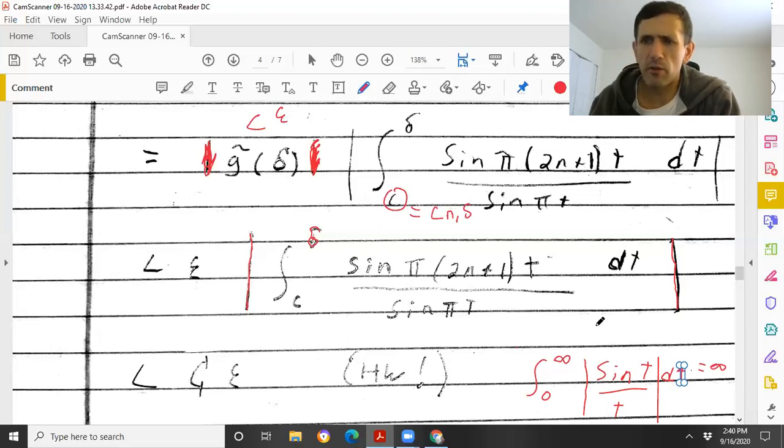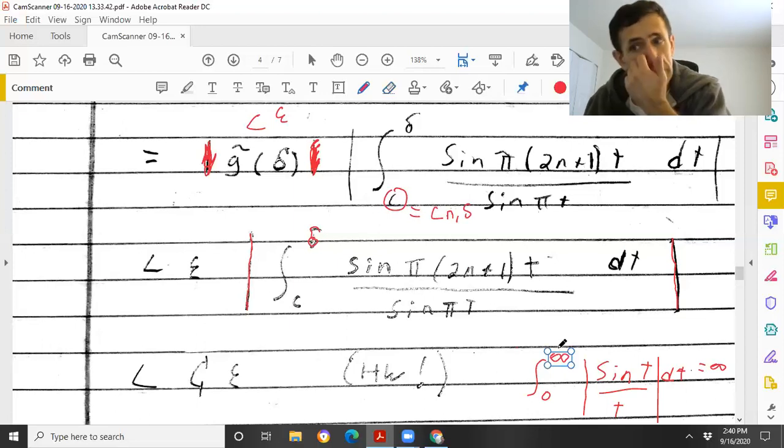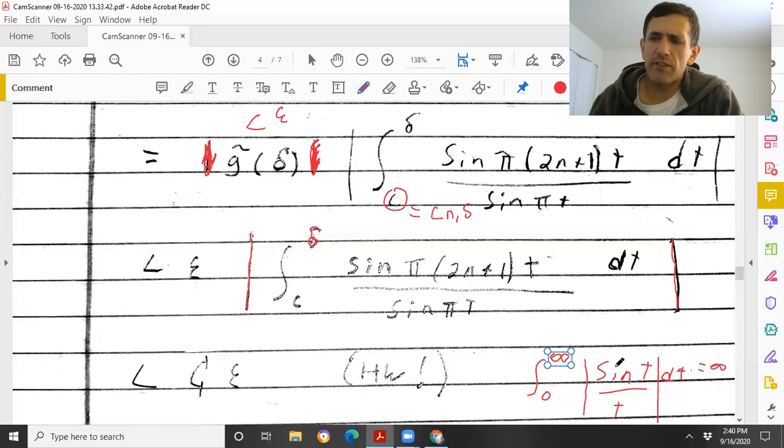This absolutely diverges. And even if you go from 0 to 1, 0 to 1 is clearly going to converge because sine t over t, as t approaches 0, is 1. But you go from 0 to infinity with absolute value smashed in, and you get infinity.